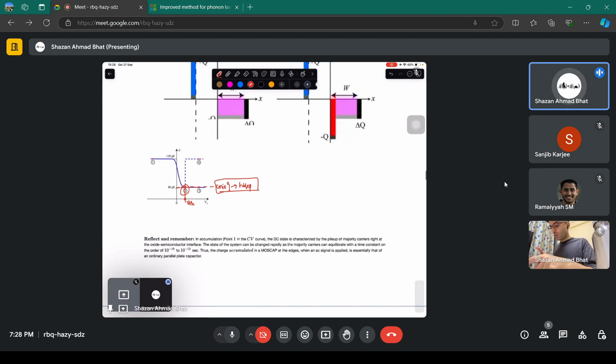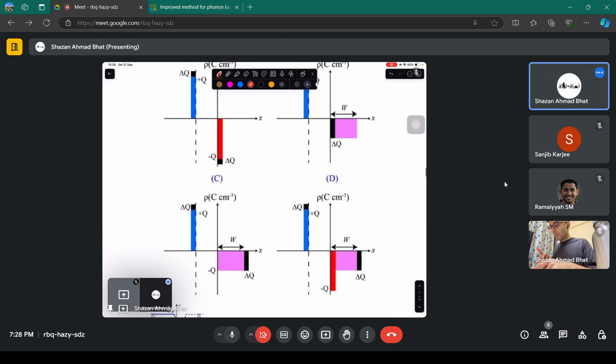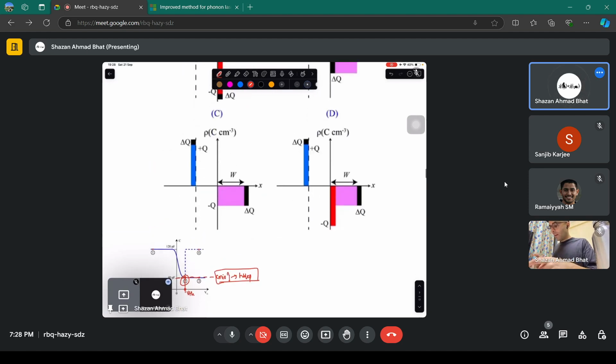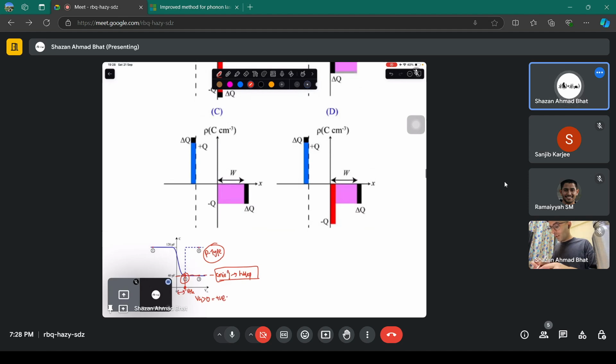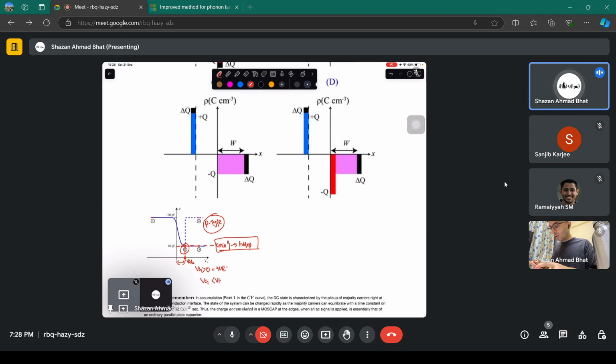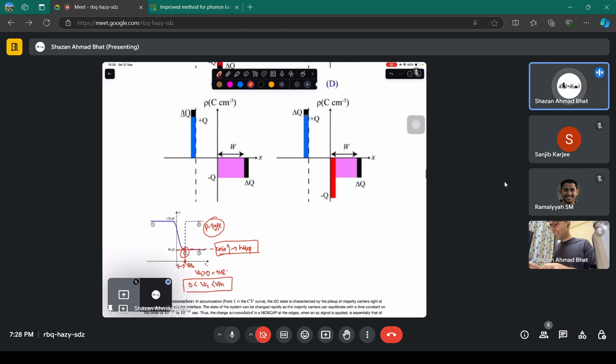Okay, so earlier you noted that it's a p-type substrate. That means you have applied Vg greater than 0, that means positive Vg. But at this point, Vg is less than V threshold and greater than 0. This is the voltage range you are applying, and it is still in depletion.